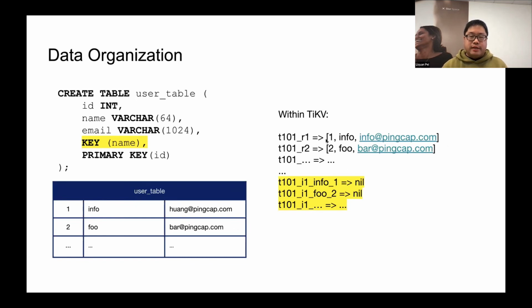Then the columns will be concatenated and encoded as the value in the key value pair. And similarly with the indexes.